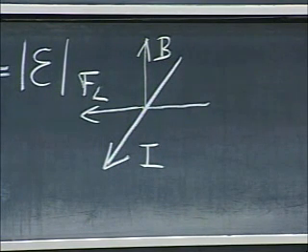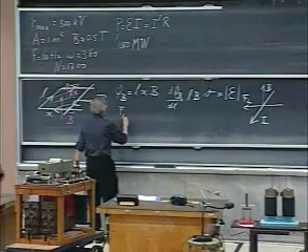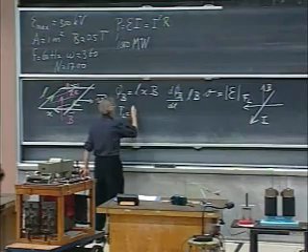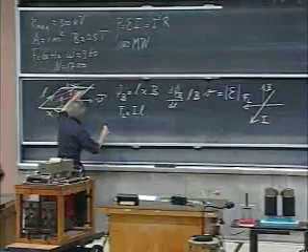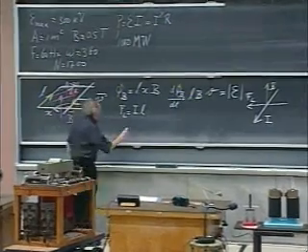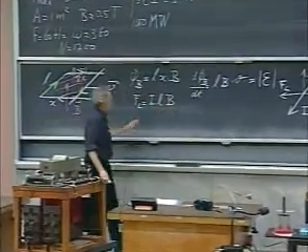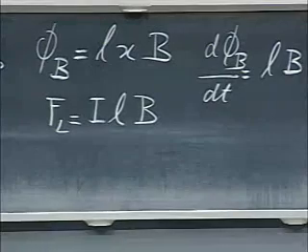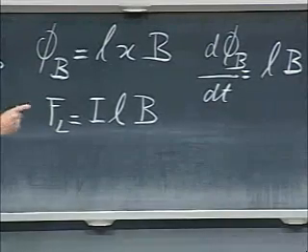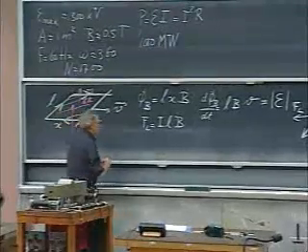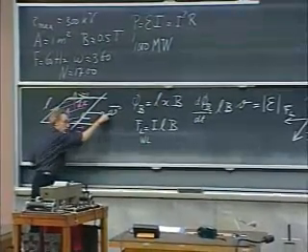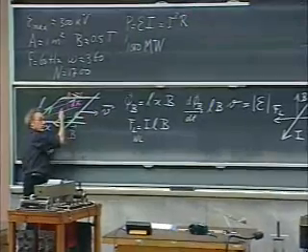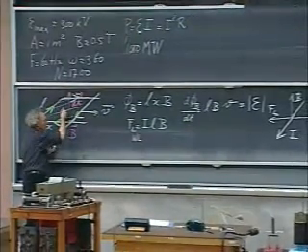That means the Lorentz force, F_L, which in this case would be the current times the length of this bar, times B, that is the force that I have to apply if I pull it to the right, because that force is to the left. So the force of Walter Lewin is the same, but in this direction. I have to overcome the Lorentz force in this direction.